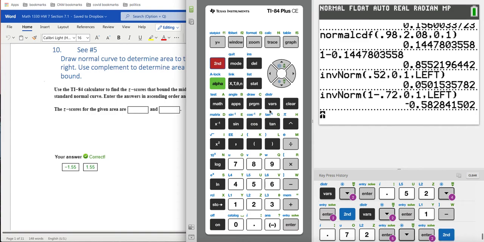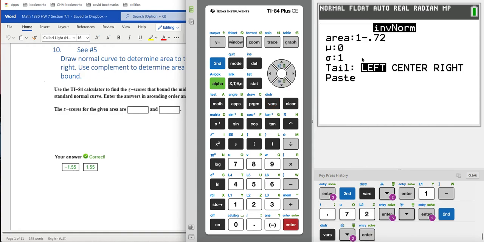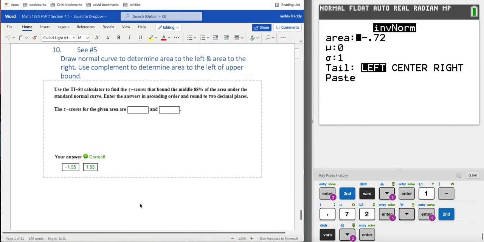So we'll go into here, second vars, inverse norm. And the area, the way you're going to get the area, you want a normal curve that has 88% in the middle. So that means there's 12% in the two tails combined, which means there's 6% in each tail.